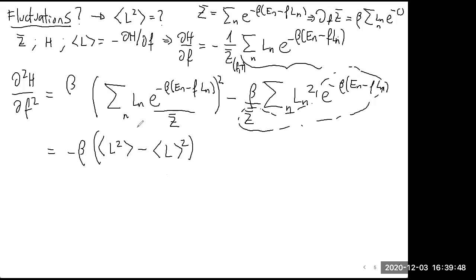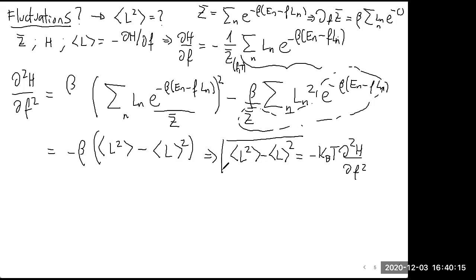So this is very nice because you see from this formula that the fluctuations of L, the variance, the average of L squared minus the average of L to the power 2, is minus kBT times the second derivative of H with respect to F squared. Okay, this is an important relation. This is bad.